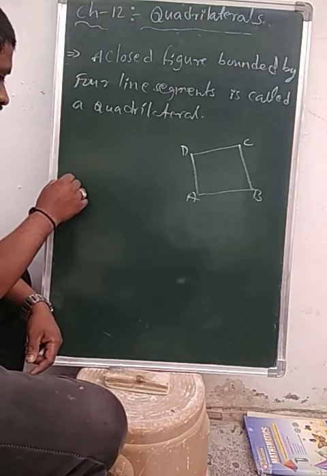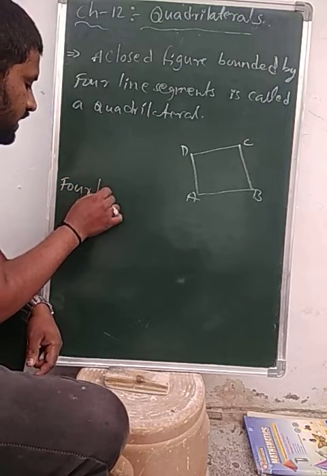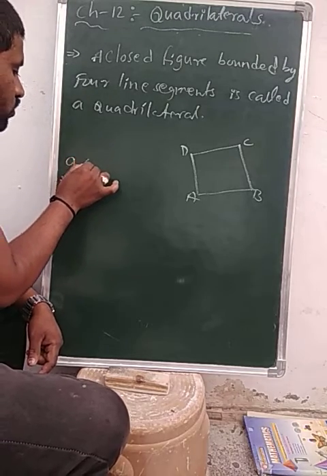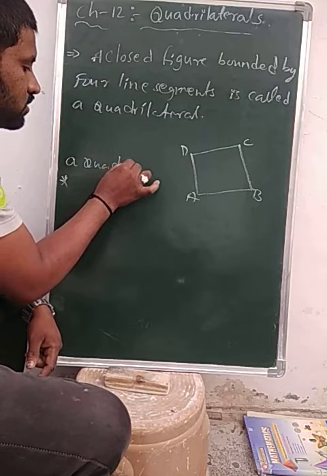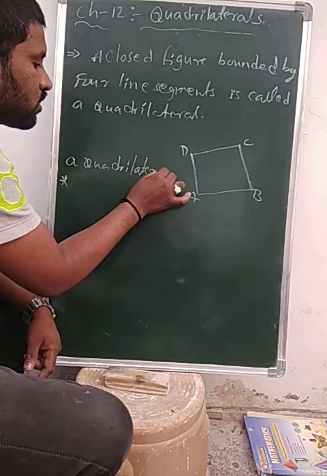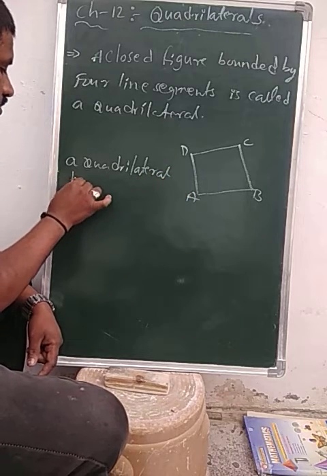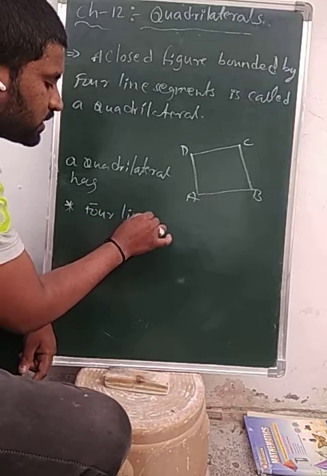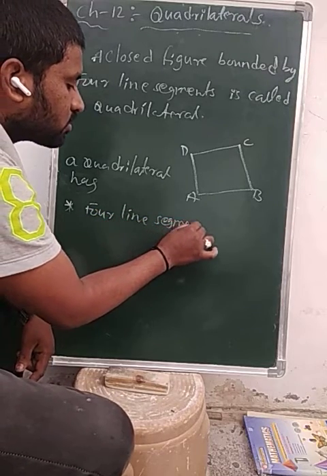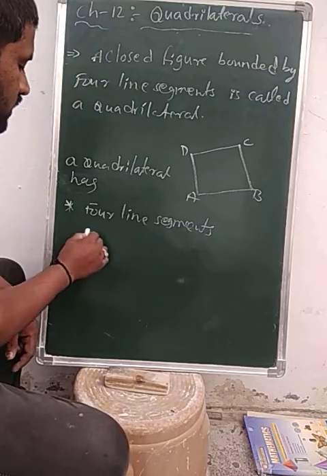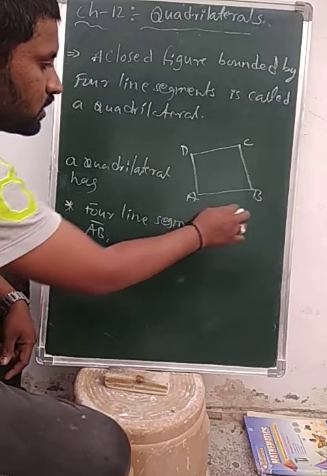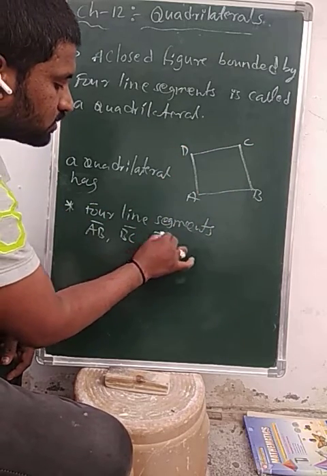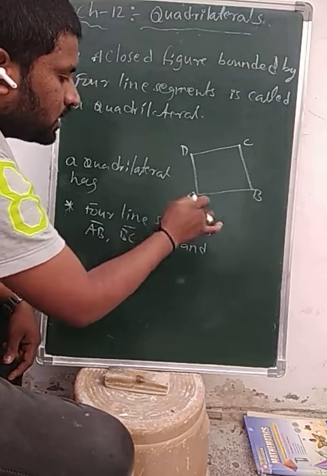Now, the four line segments it has, you can write: a quadrilateral has four line segments. What are they? One is AB, BC, CD and DA.